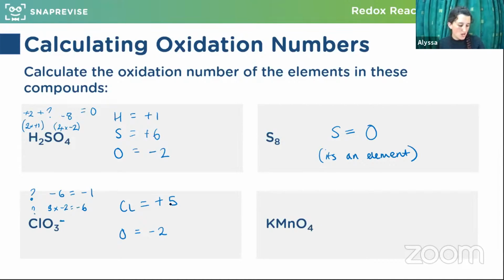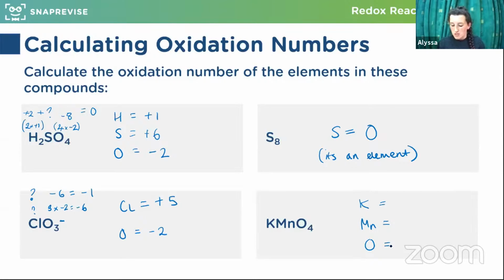Well done. Good. What about our potassium permanganate then? KMnO4. Ah, lovely. Good. What is it? So, again, our oxygen is a good place to start because it's not in a weird one.